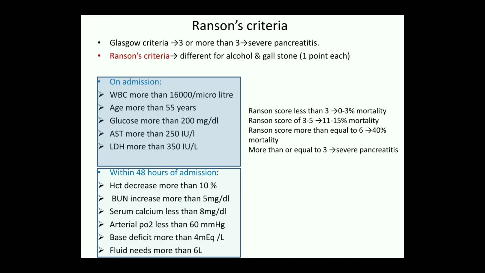If the score is less than 3, there is 0 to 3% mortality; if it is 3 to 5, there is 11 to 15% mortality; and if it is 6 or more, it corresponds to 40% mortality. A score of 3 or more corresponds to severe pancreatitis. It is an important criteria and questions are usually asked, so it is important to memorize the Ranson's criteria.